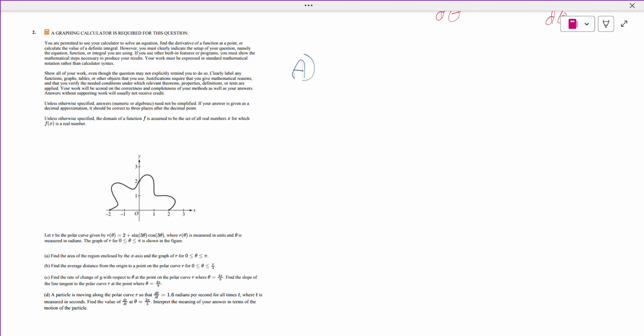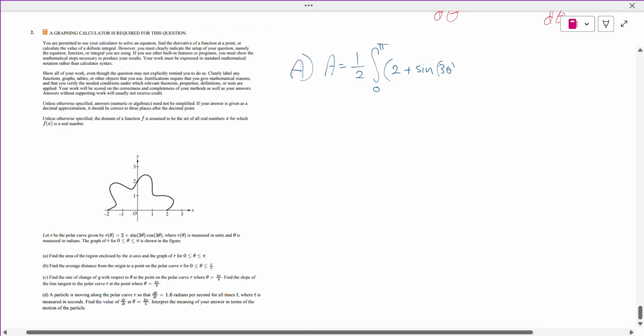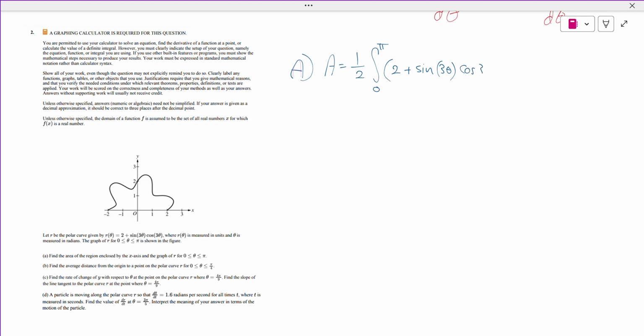we can say that the area equals 1 over 2 times the integral from 0 to pi of r of theta, which is 2 plus sine of 3 theta times cos of 3 theta, all squared, d theta.